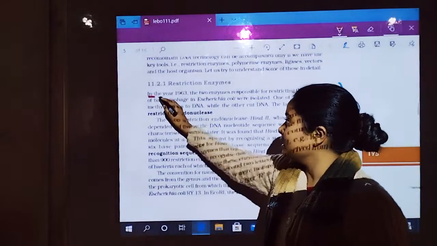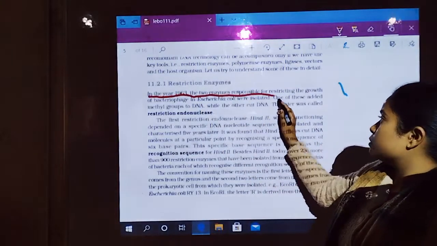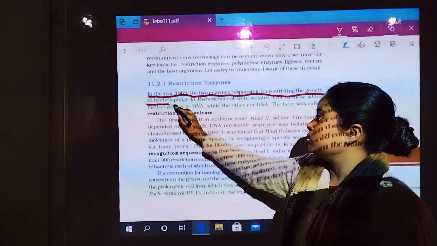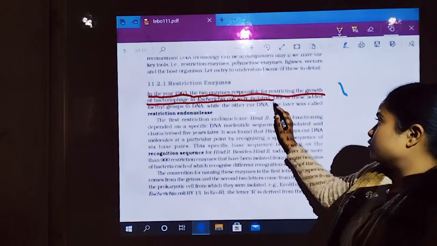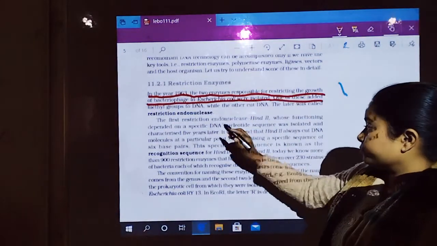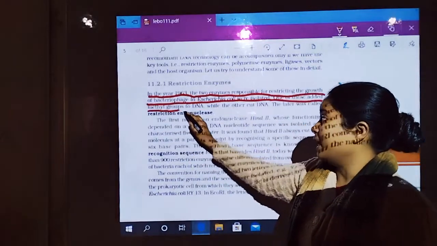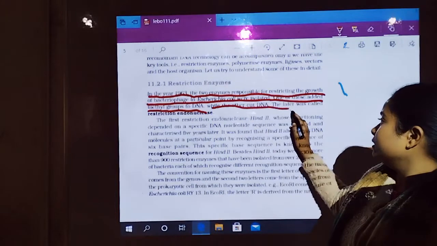In the year 1963, the two enzymes responsible for restricting the growth of bacteriophages in E. coli were isolated. One of these adds a methyl group to the DNA, while the other cuts the DNA.